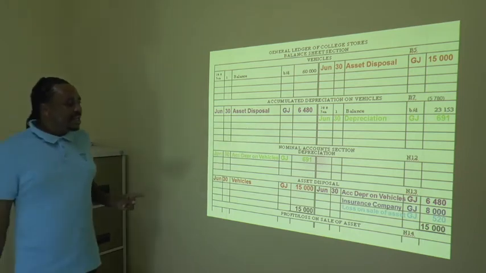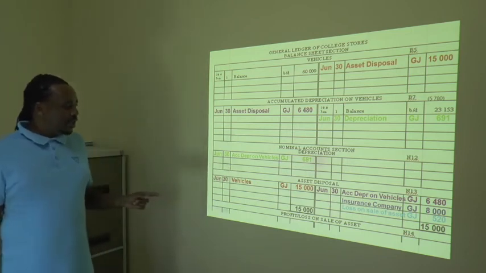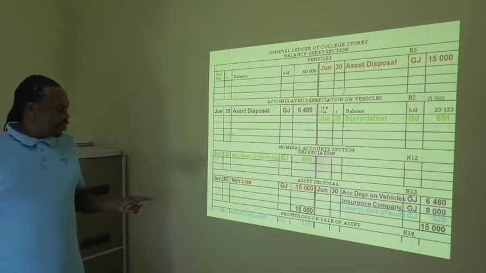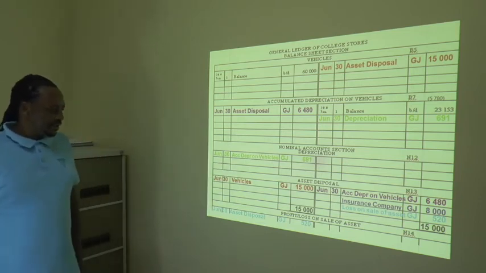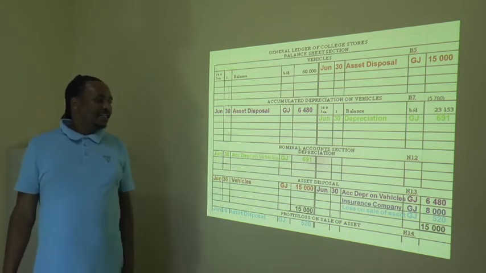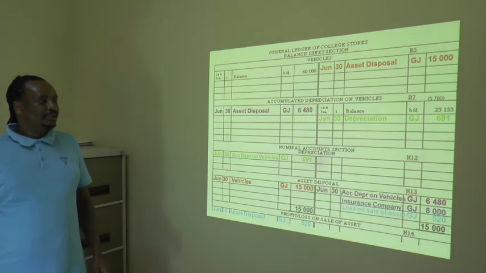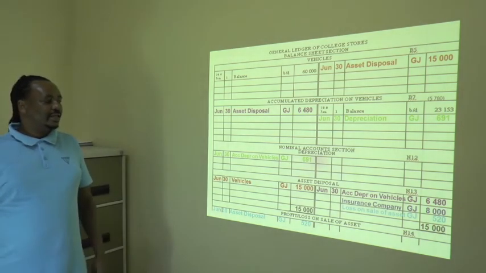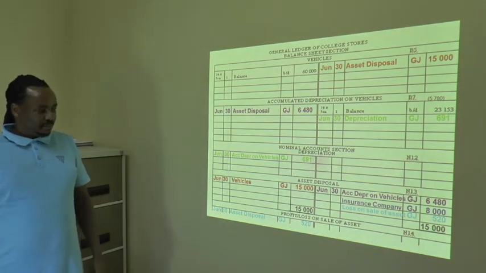Remember, I said if this asset was sold at a loss, there's a loss on sale. So that is why it must be adjusted on the credit side. Because I said to you, if it's adjusted on the credit side, that means a loss. If it's adjusted on the debit side, that means it's a profit.